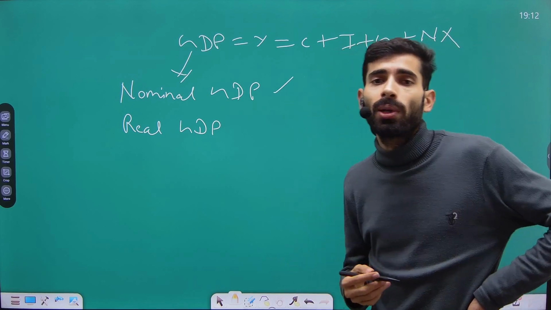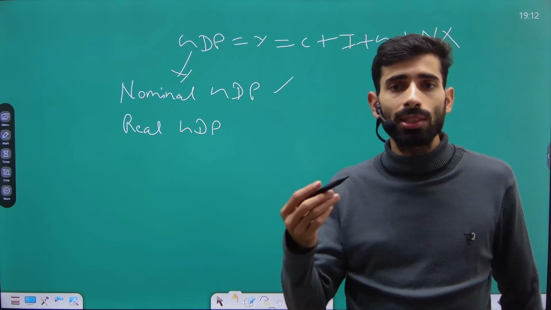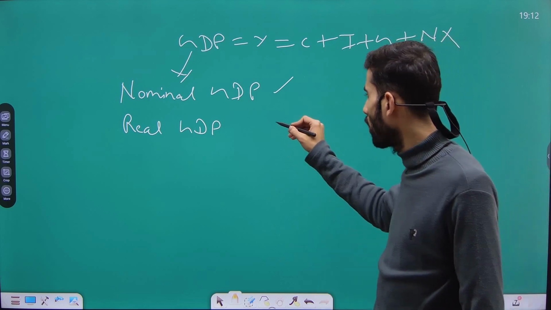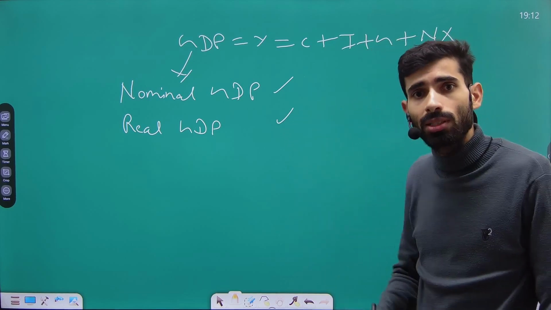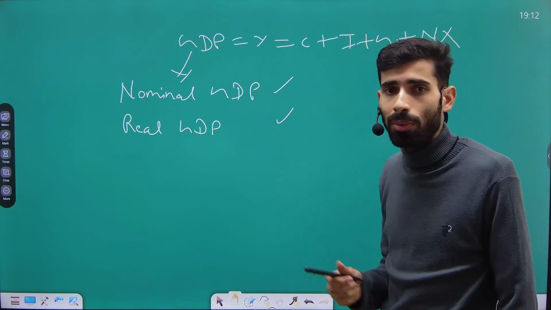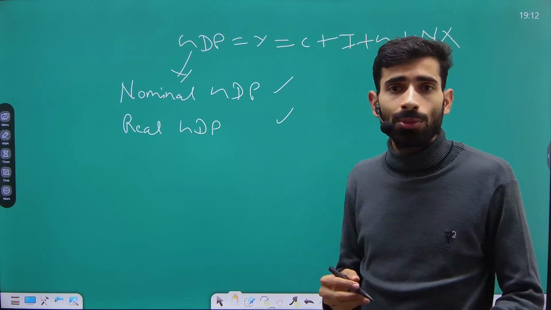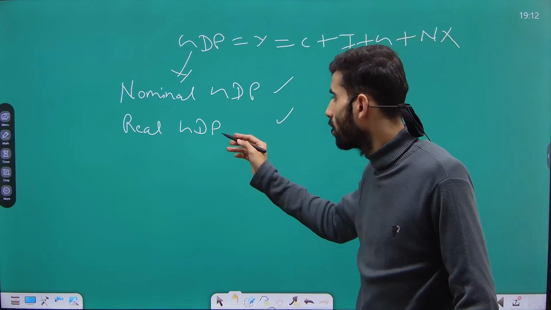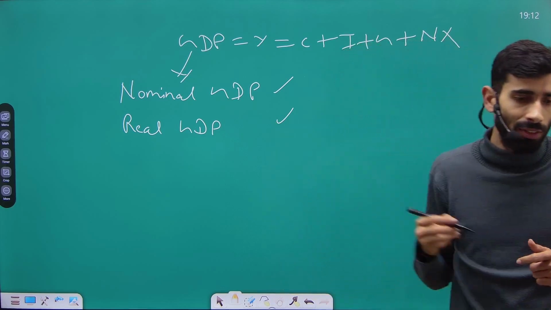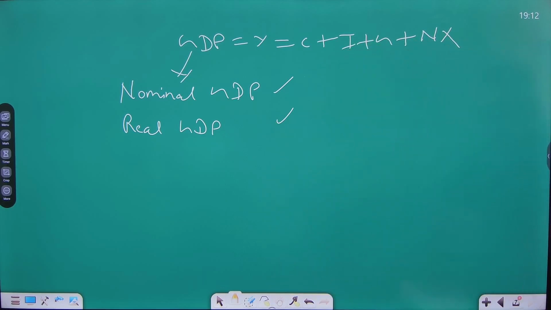And whatever variable is measured in terms of base year prices is real. So if GDP is measured in terms of current market prices, then it is known as nominal GDP. If GDP is measured in terms of base year prices, then it is real GDP. That's the main difference between them. So basically in real GDP, we use base year prices, and in nominal GDP, we use current market prices.